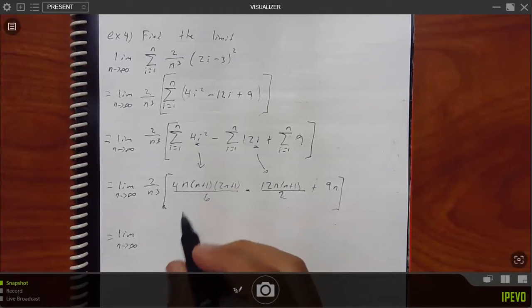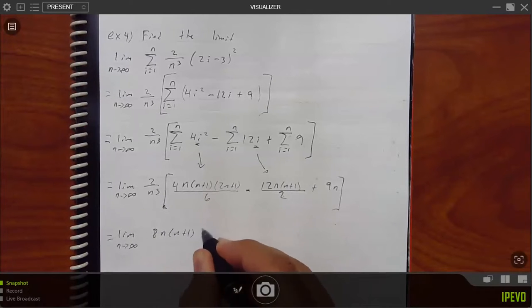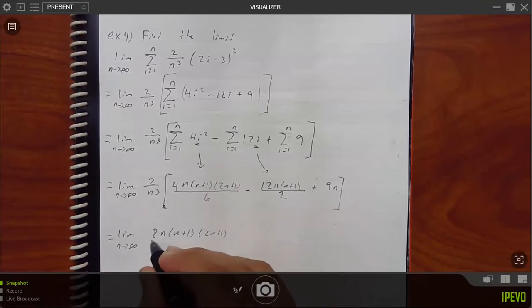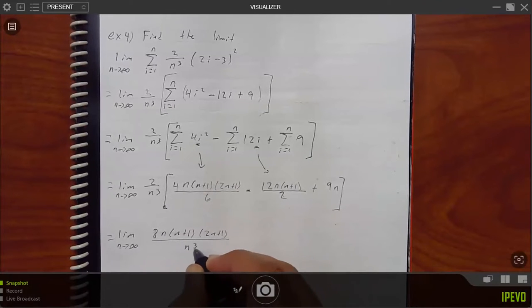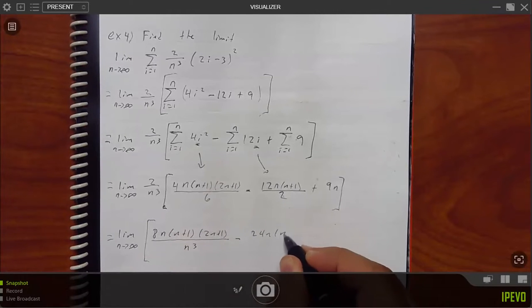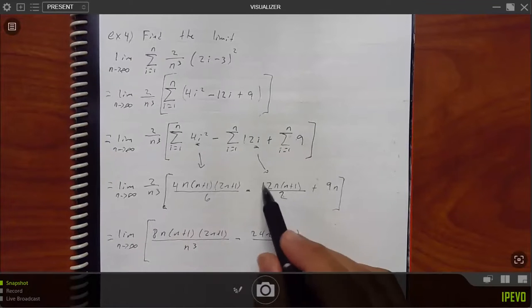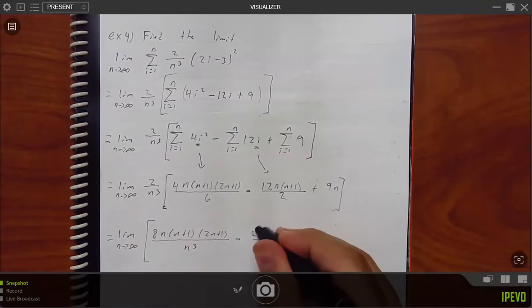This will be 2 times 4, then it'll be 8 n times n plus 1 times 2n plus 1 over n cubed, minus 24n times n plus 1 over, well, actually, that 2 will cancel, right? So never mind.